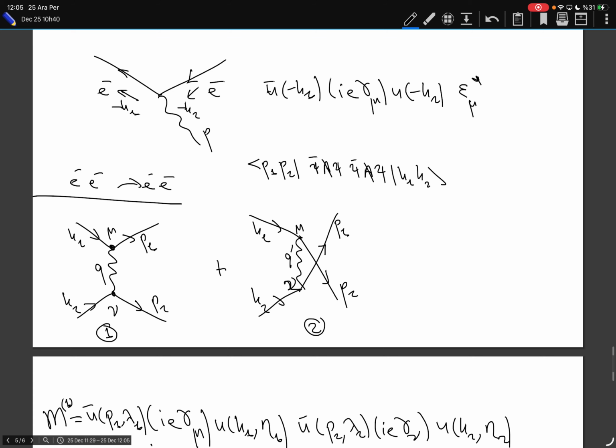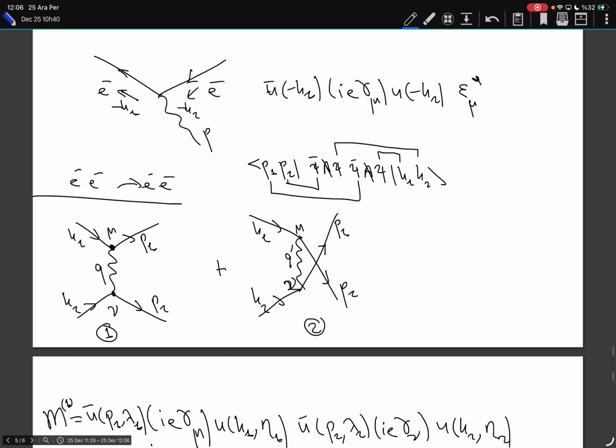And I should contract the incoming particles with psi's, outgoing particles with psi bars. So I have this contraction, plus, okay, let me see. I have that contraction, this contraction, and this contraction, and this one. This is one possibility.